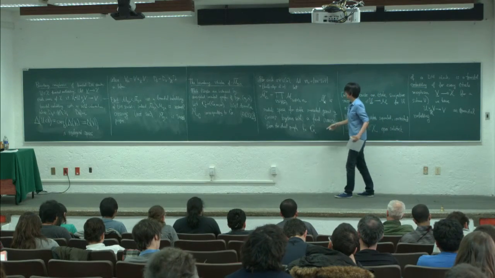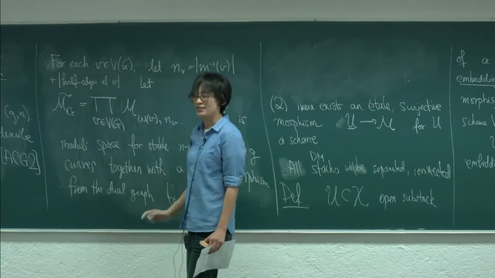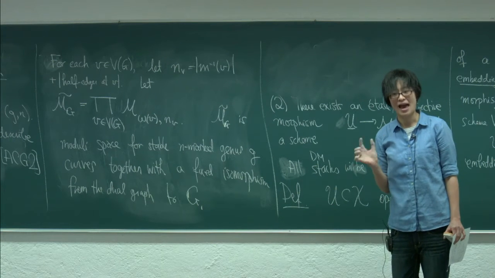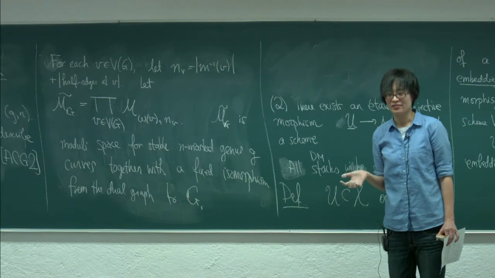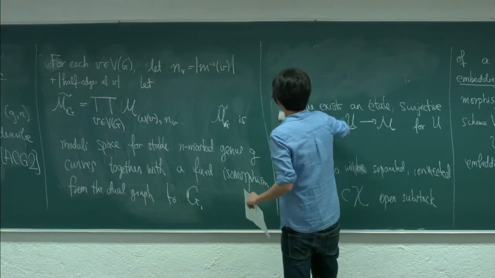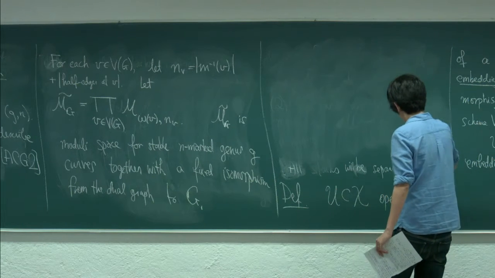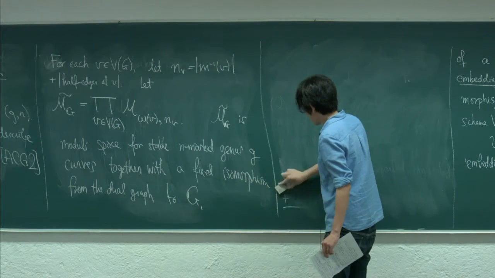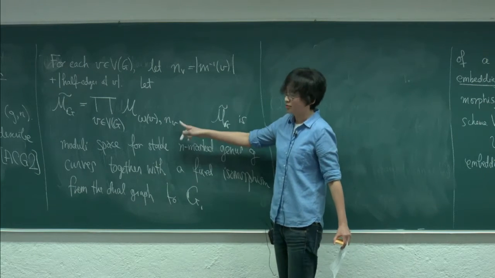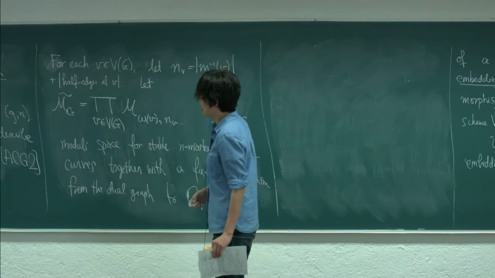In other words, these combinatorial types come with automorphisms. I don't know if I defined this too carefully, but actually I did. I defined some category of stable n-marked graphs, and so I'm talking about the isomorphisms inside that category. And those automorphisms of G, if you believe this interpretation, act in a natural way on M tilde G, and the stack quotient is the thing we want.